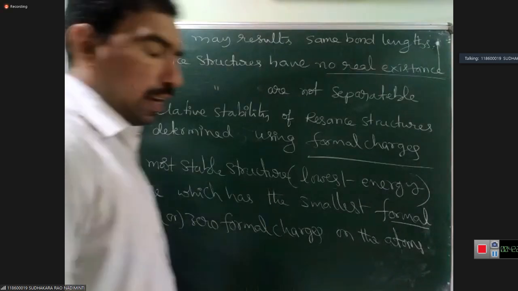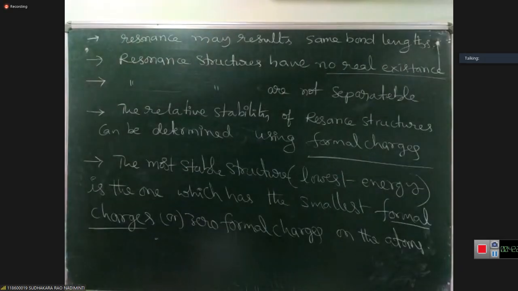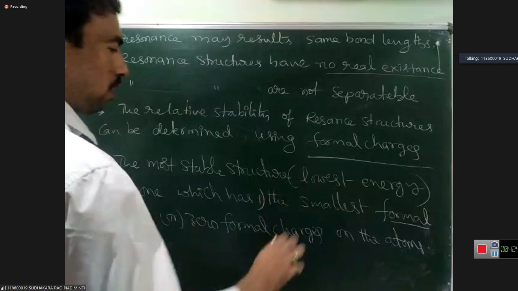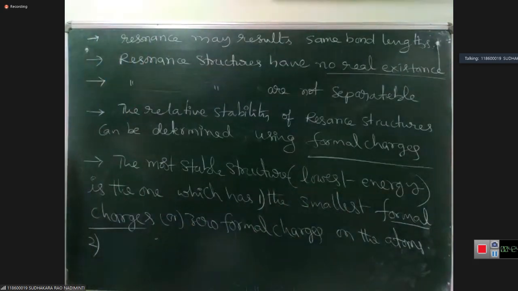So please write quickly. Which is more stable? The one with the smallest formal charges.